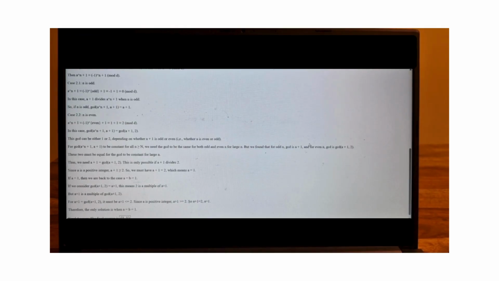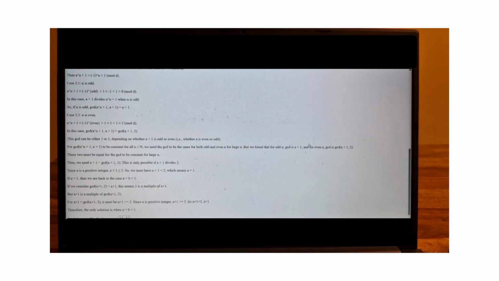Since a is a positive integer, a + 1 is greater than or equal to 2. So, we must have a + 1 equals 2, which means a equals 1. If a equals 1, then we are back to the case a equals b equals 1.